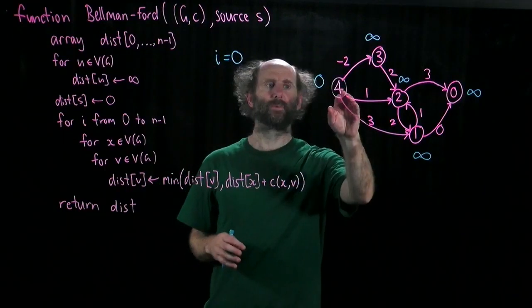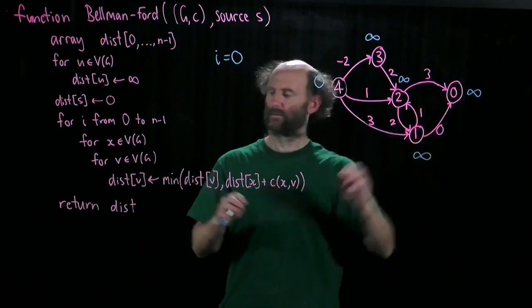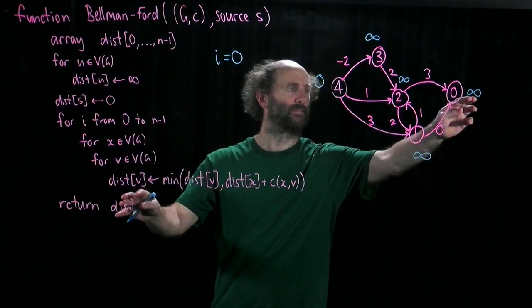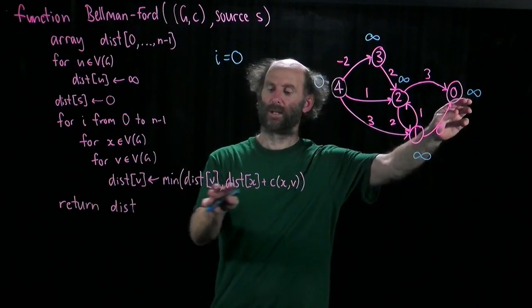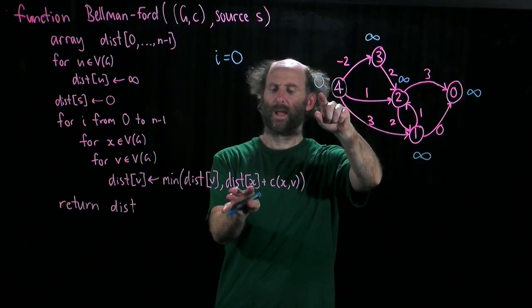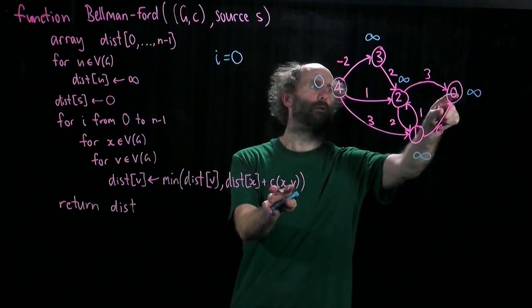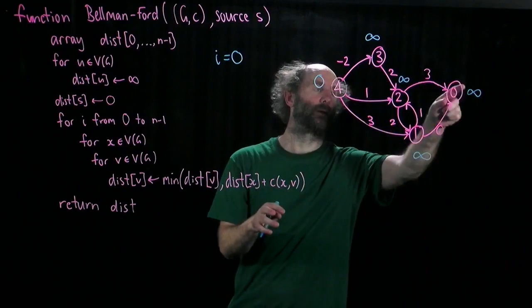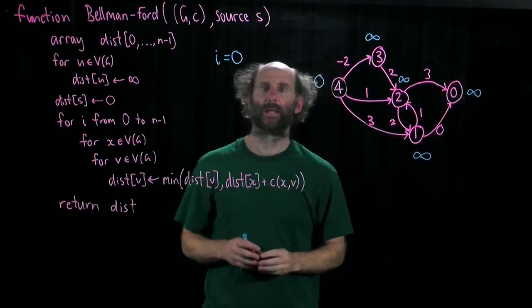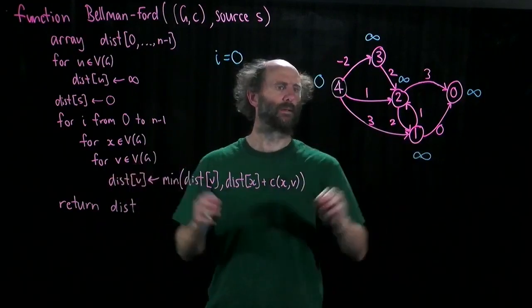So when x equals 4 and v equals 0, can we improve this infinity by considering the distance to x, which is 0, and the cost of any arc from 4 to 0? Well, there is no arc here, so we're not going to get any update here. So we'll increment v to be 1.